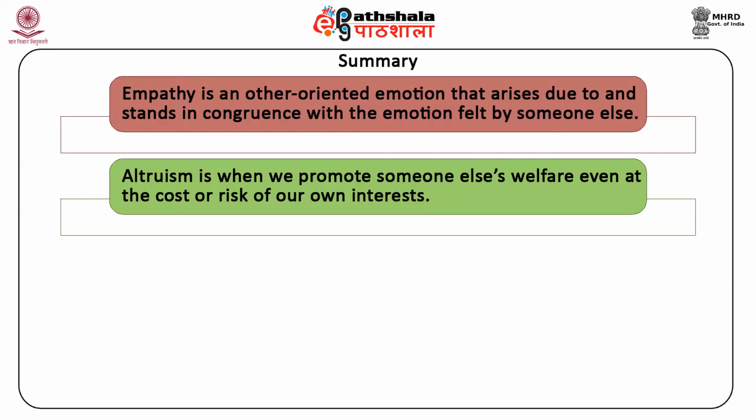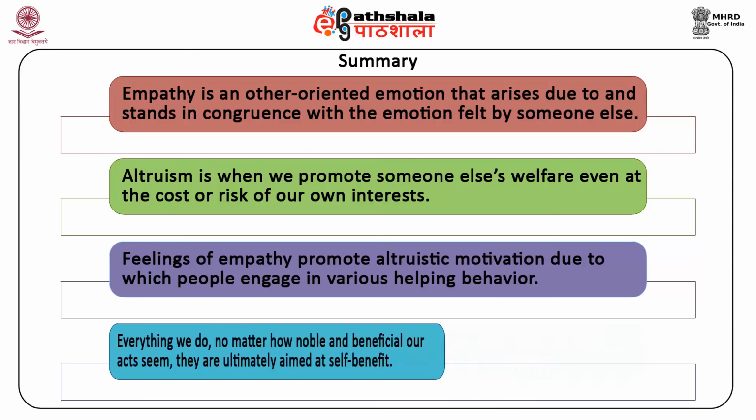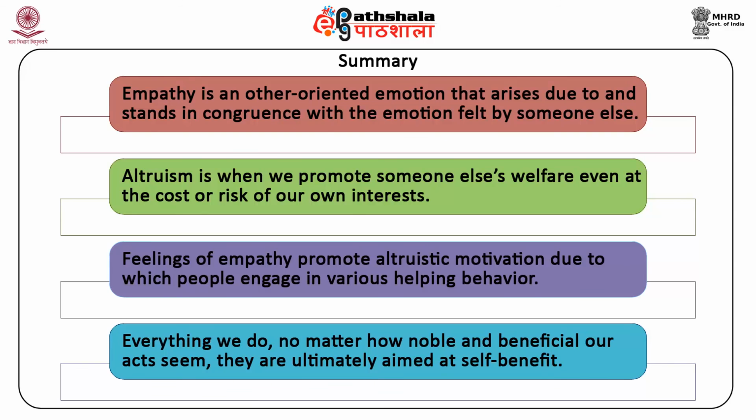The empathy-altruism hypothesis states that feelings of empathy promote altruistic motivation due to which people engage in various helping behavior. However, there are others who propose universal egoism, stating that everything we do, no matter how noble and beneficial our acts seem, they are ultimately aimed at self-benefit.